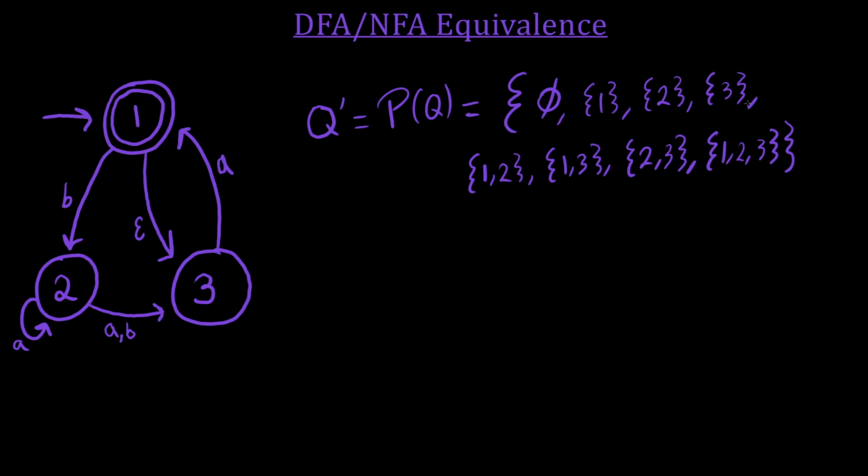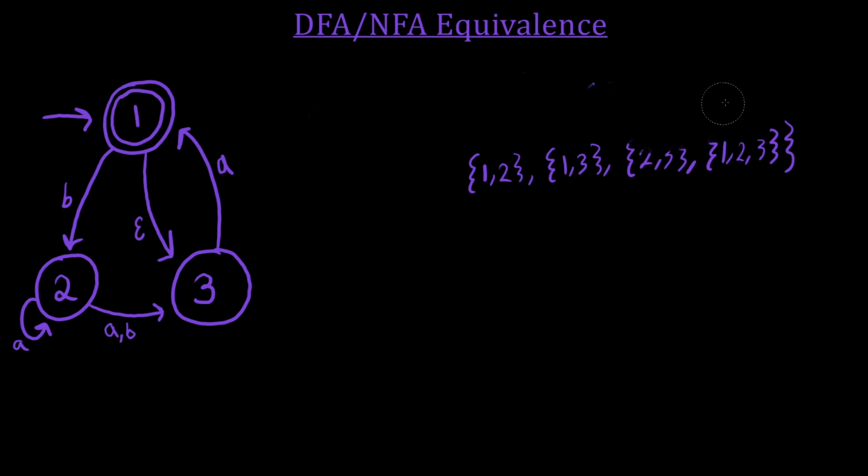Now let's go ahead and draw in all of our states in our DFA, where each state corresponds to one of these subsets in the power set. Let's go ahead and erase this. Great, so now let's draw in our states in our DFA.